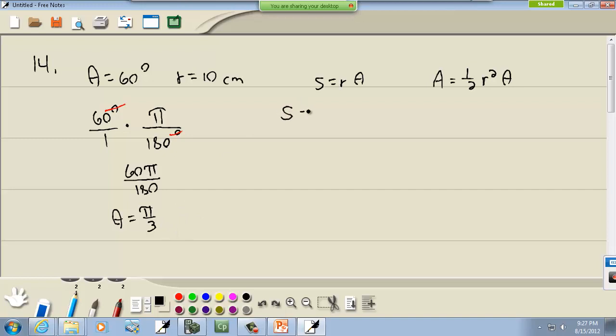So to find S, R times theta, R was 10 centimeters. Like that. So that'd be 10 pi over 3 centimeters.